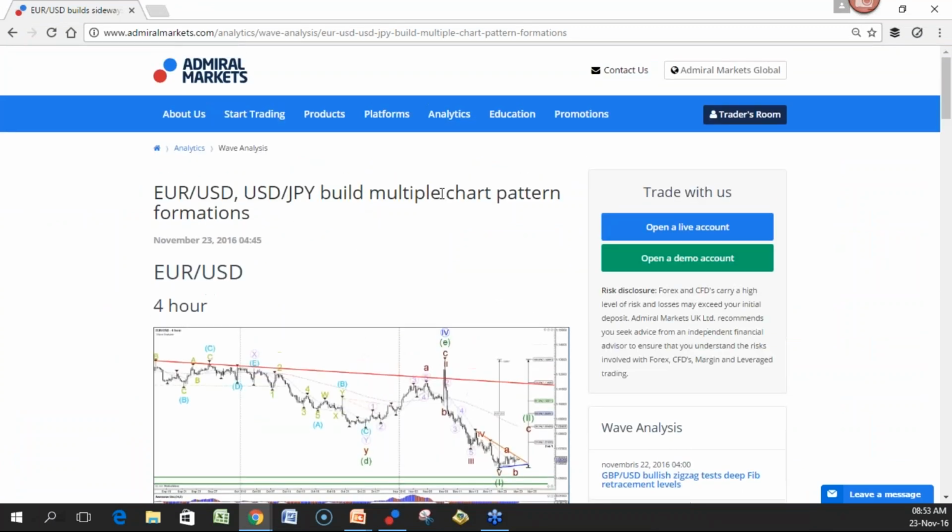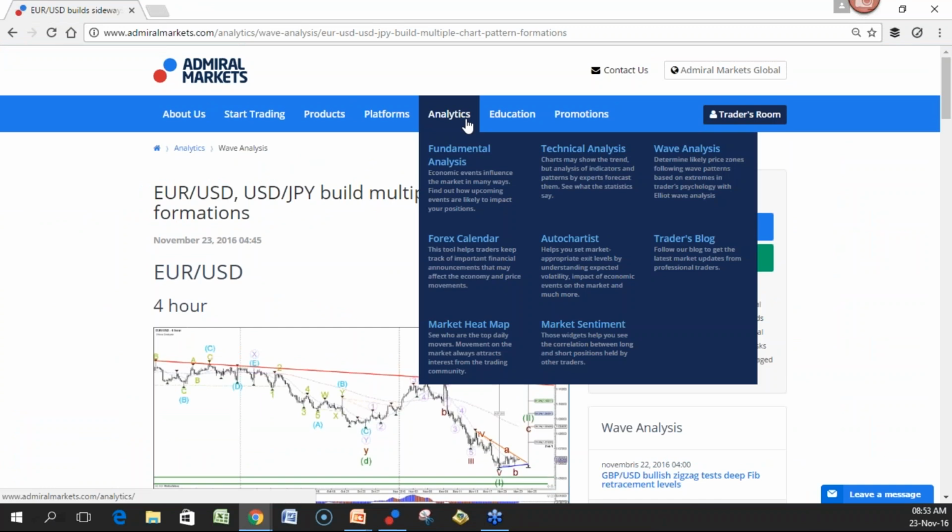you can find wave analysis, maybe you probably already know, on admiralmarkets.com, there's a lot of information there, including analysis. So the analytical page, there are a lot of tabs here. One of them is analytics. There you'll find fundamental, technical, and wave analysis.